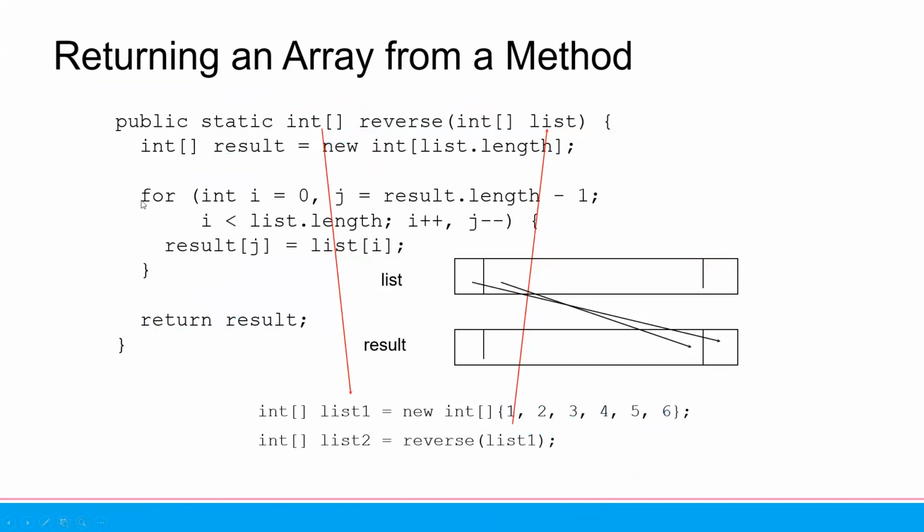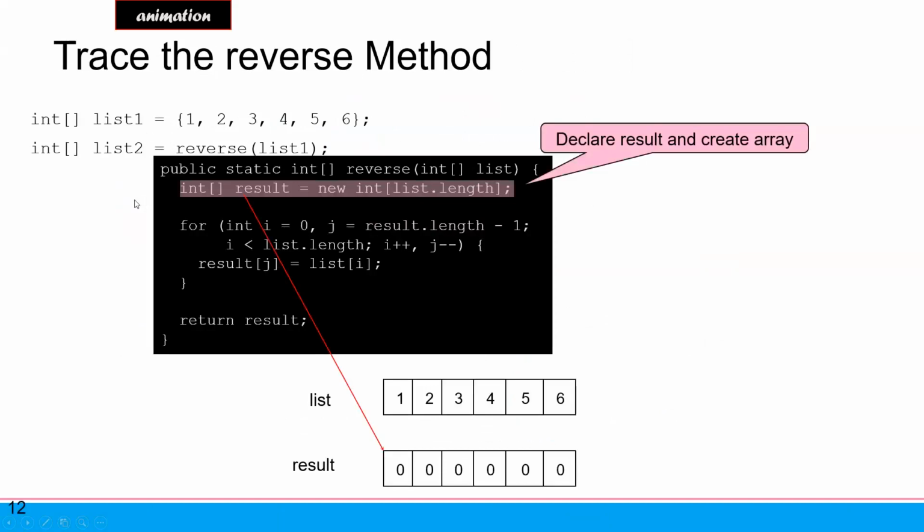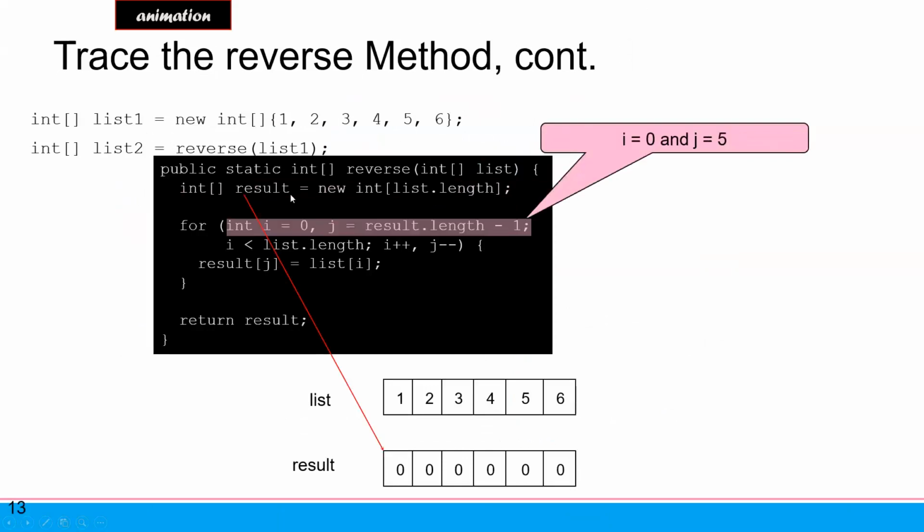Okay. How can I do this one? First I will initialize the variable result, which will have the same length as the list. And then I will start from index 0 until the length.